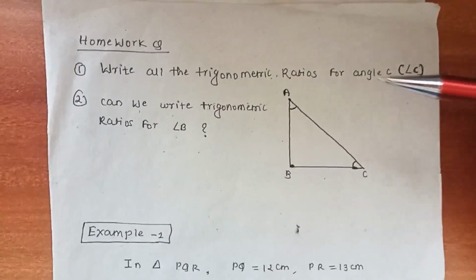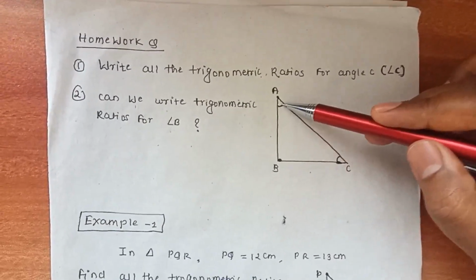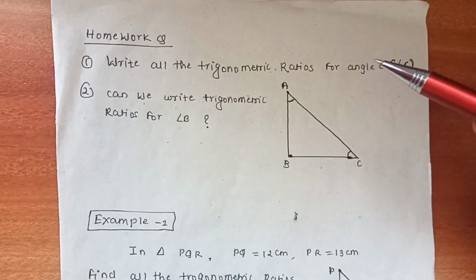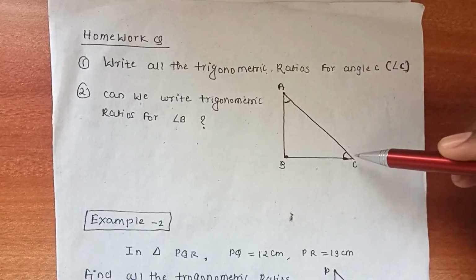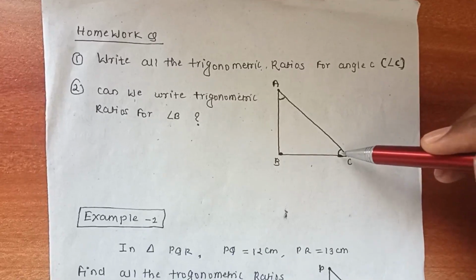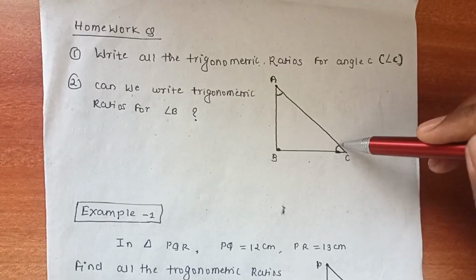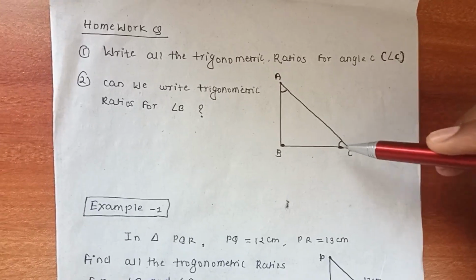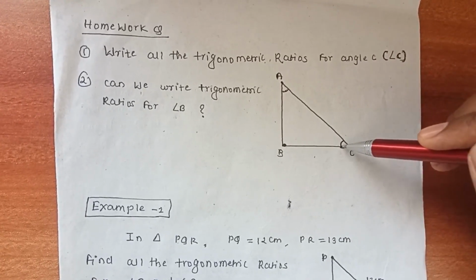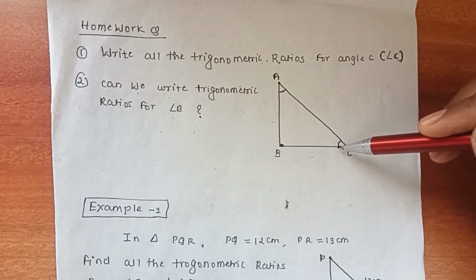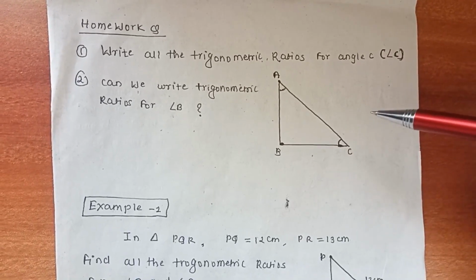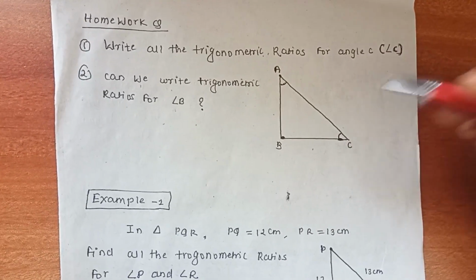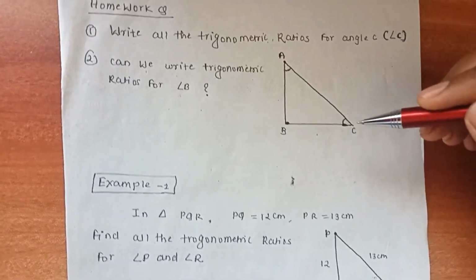In the previous slide, we explained the trigonometric ratios for angle A. Now I am giving homework to all of you students: I want the trigonometric ratios for angle C. By referring to the last slide, you have to find all the trigonometric ratios for angle C, and you can take a picture of it and send it to me on WhatsApp, so I will check and reply to you.